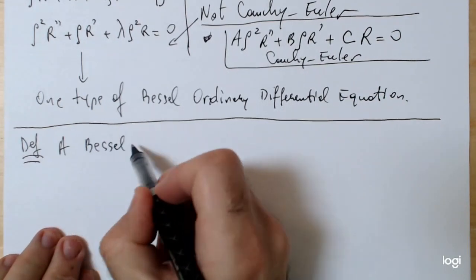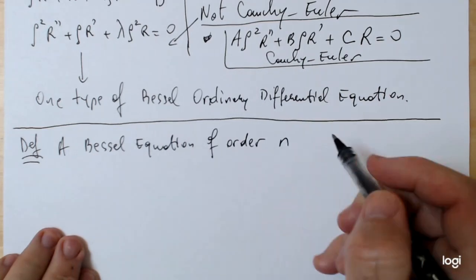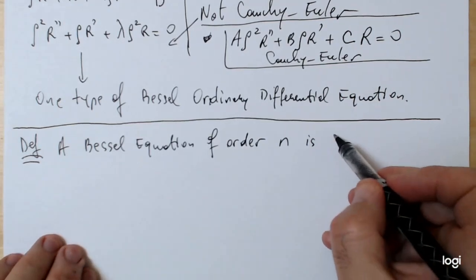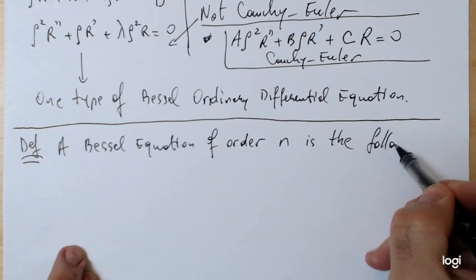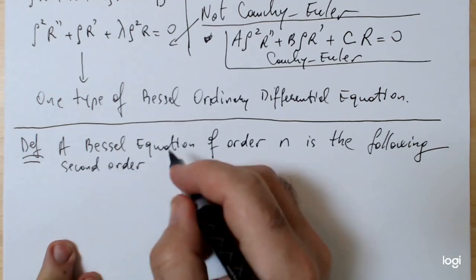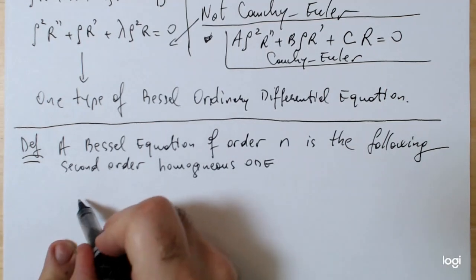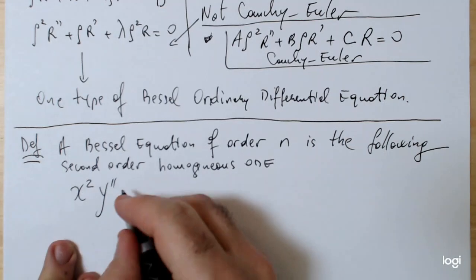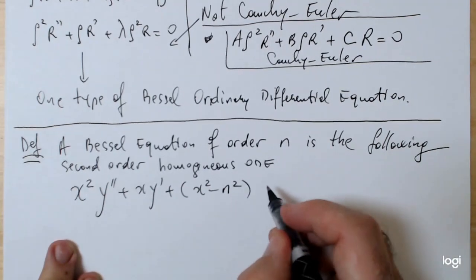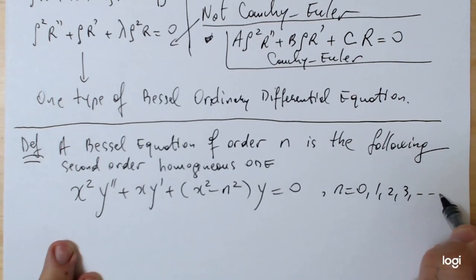As a definition, we say that a Bessel equation of order n is the following second order homogeneous ODE: x squared y double prime plus x y prime plus (x squared minus n squared) y equals 0, where n can be 0, 1, 2, 3, and so on.